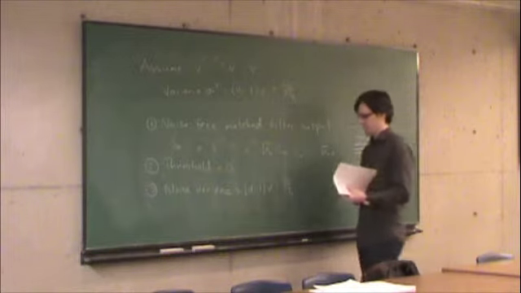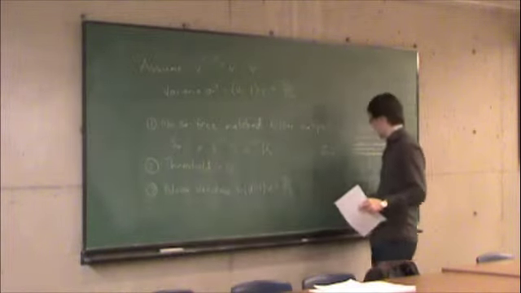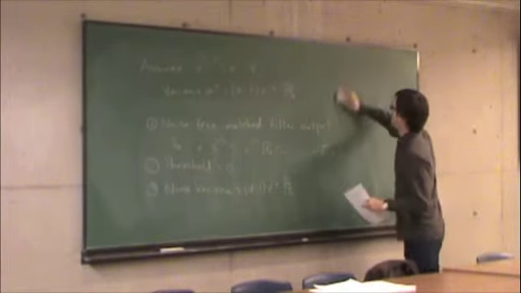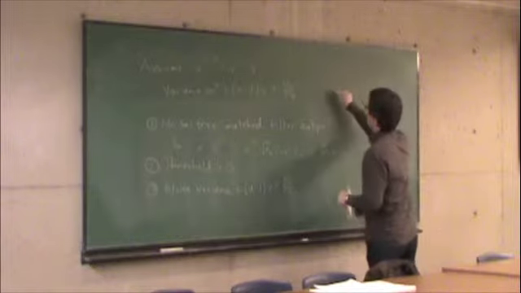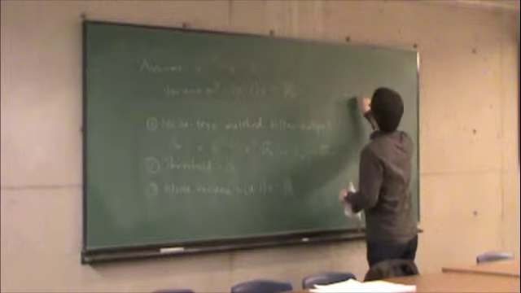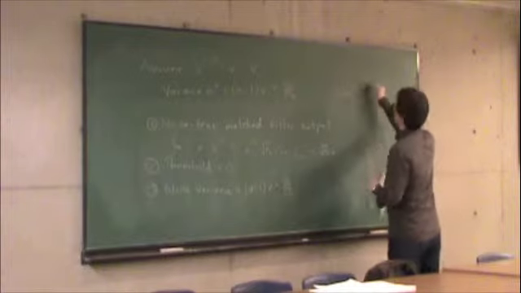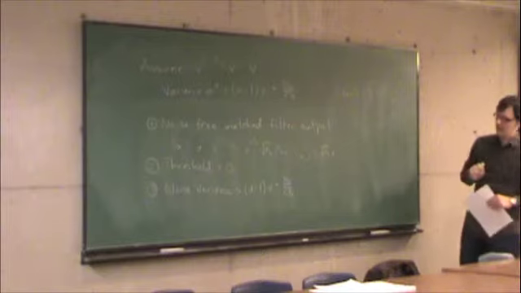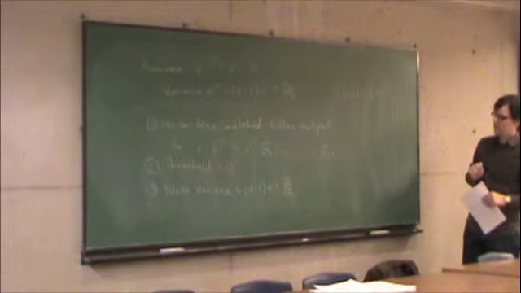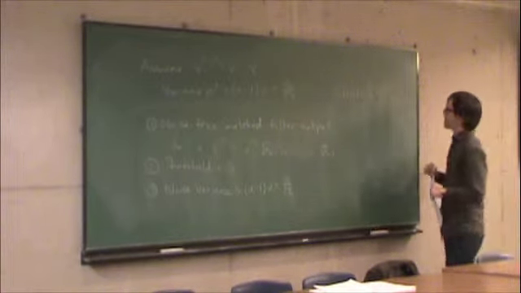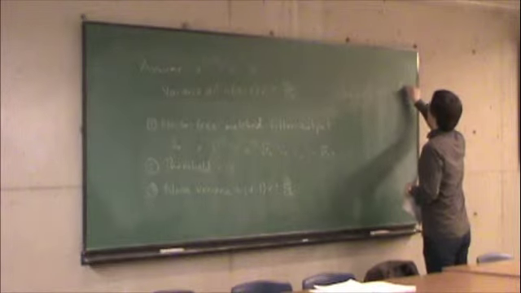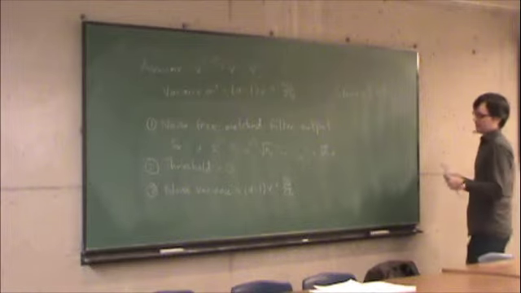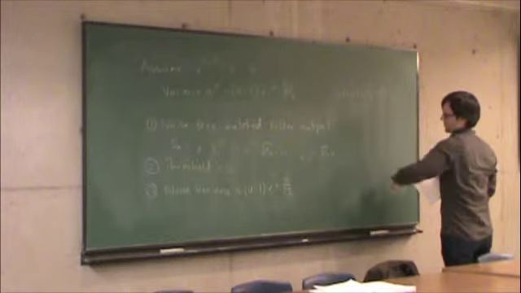Okay, now we throw it into the erfc expression. And we have probability of error. Alpha 1 is plus 1 or minus 1.